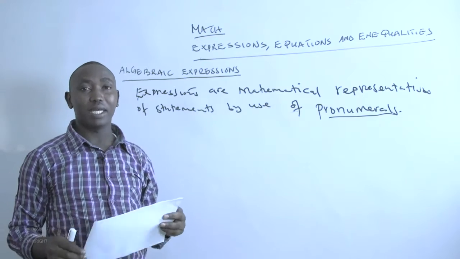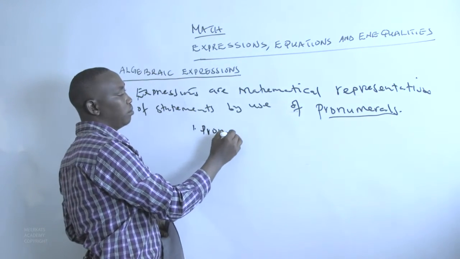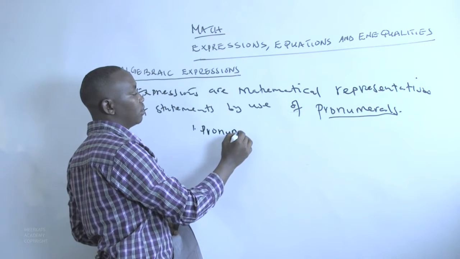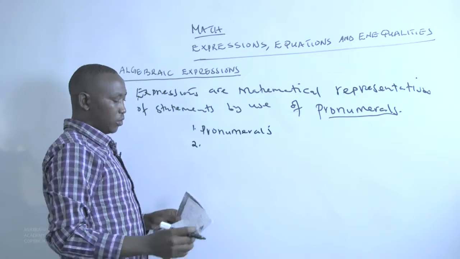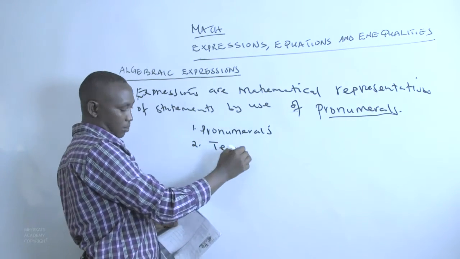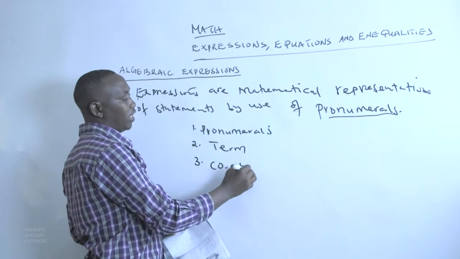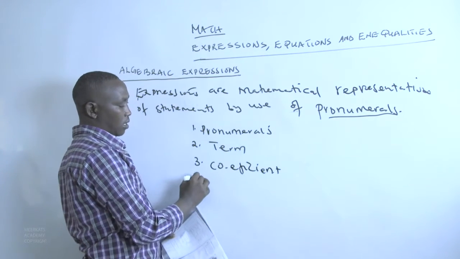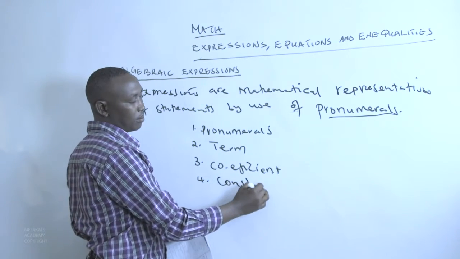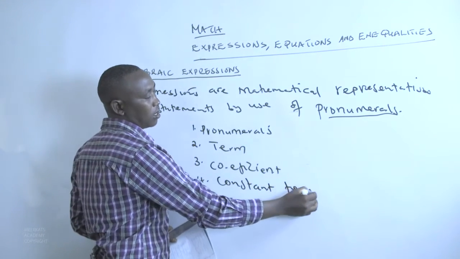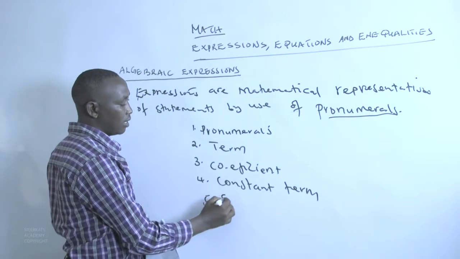There are 5 main terms, and these are: 1, pronumerals; 2, a term; 3, coefficient; 4, a constant term; and lastly 5, squared term.